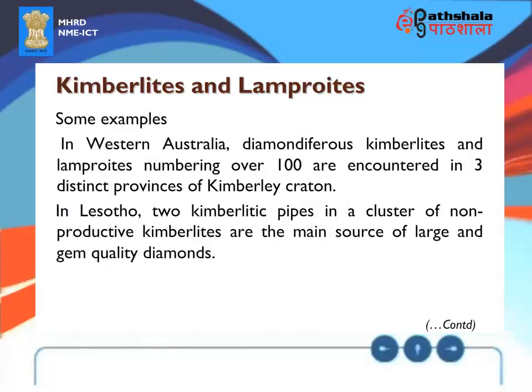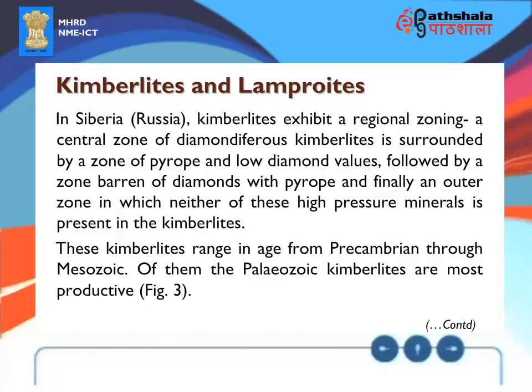Some examples. In Western Australia, diamondiferous kimberlites and lamproites numbering over 100 are encountered in 3 distinct provinces of Kimberley Craton. In Lesotho, 2 kimberlitic pipes in a cluster of non-productive kimberlites are the main source of large and gem-quality diamonds. In Siberia, Russia, kimberlites exhibit a regional zoning.